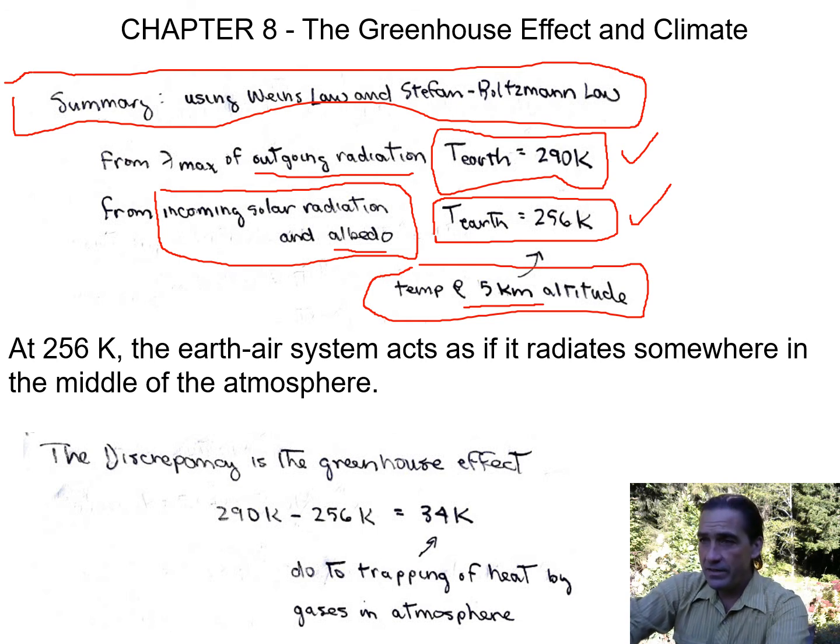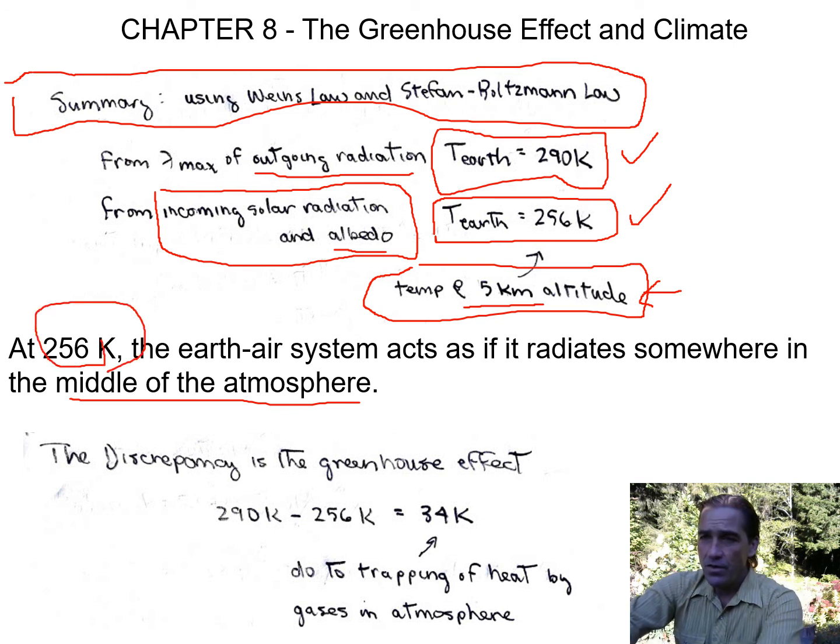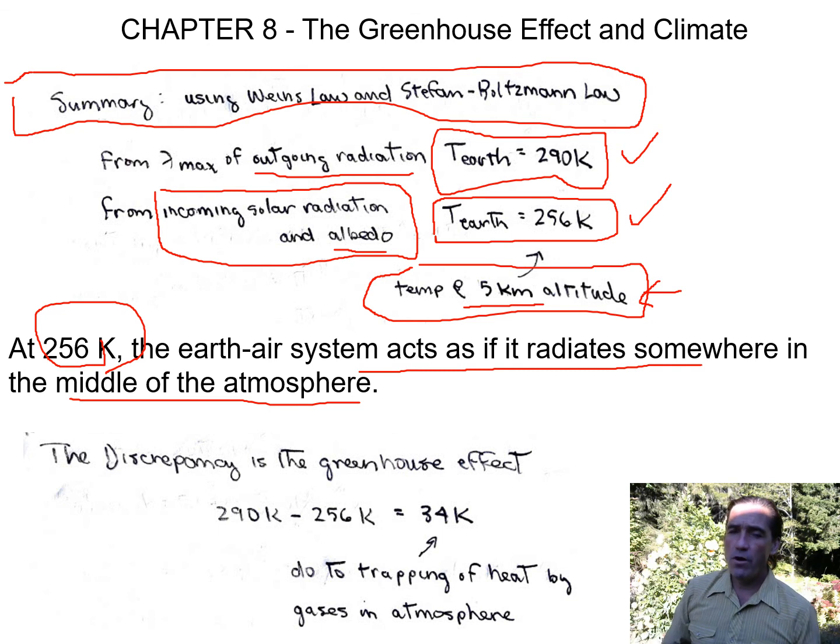So in reality, this altitude, we could say, is the middle of the atmosphere with respect to the amount of gas. And so it appears as though the Earth air system is radiating somewhere within the middle of the atmosphere.